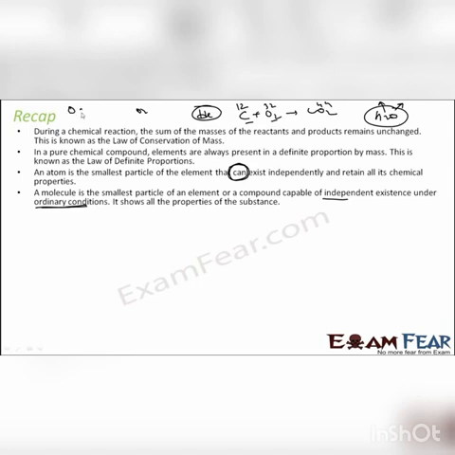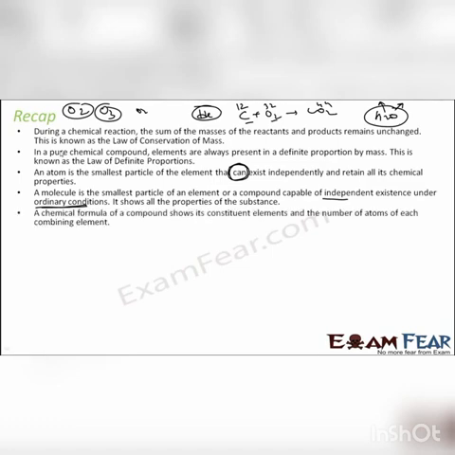That's why I told you oxygen typically exists in O2 or O3 form. This is the molecule form, and it retains all the properties. You can break a molecule into atoms, and that will exist independently under some condition, but the molecule exists under ordinary conditions.